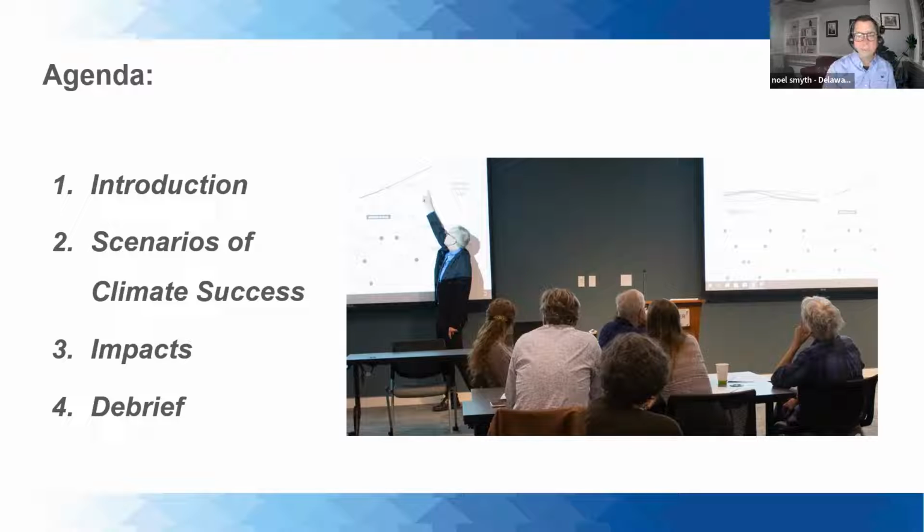We're going to spend some time talking about impacts. This tool really spends some resources looking at the various impacts that we can have as well, and then we'll do a debrief. Most folks here tonight are associated with Citizens Climate Lobby.